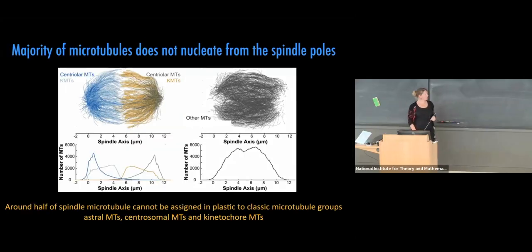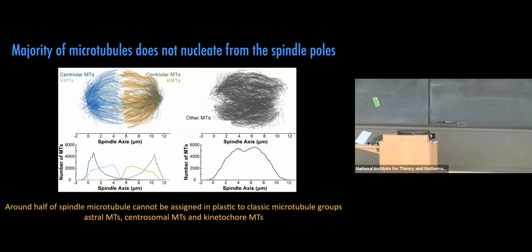Okay, so if we take a closer look at the microtubules in the spindle, and now think about those short ones, we have the kinetochore microtubules and the centriole, so the pole microtubules. This shows those microtubules in the reconstructions, the number along the spindle length, and then we have those other microtubules. I'll just call them others because they don't really have a name here.